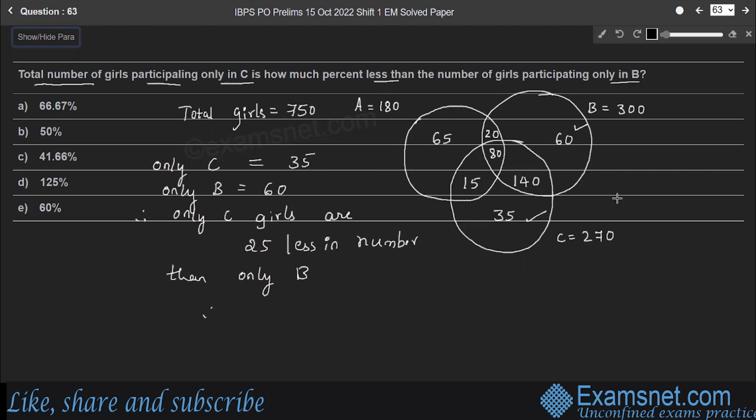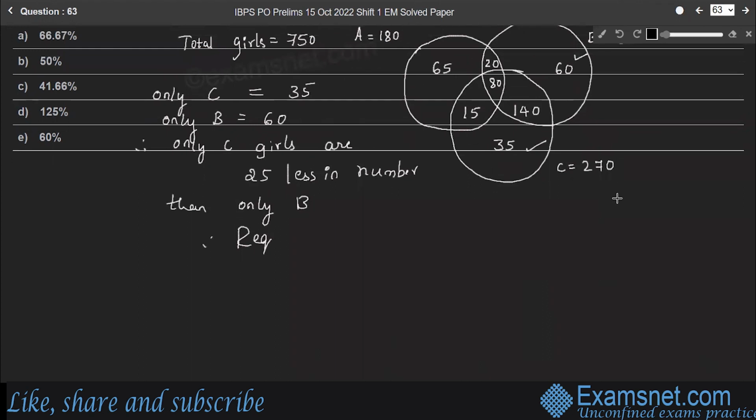Therefore, how much percent less than? Required percentage. So, for 60 girls who participated only in B, girls are 25 less in number in only C. Therefore, for 100, 20 into 3, 20 into 5, so 125 by 3.